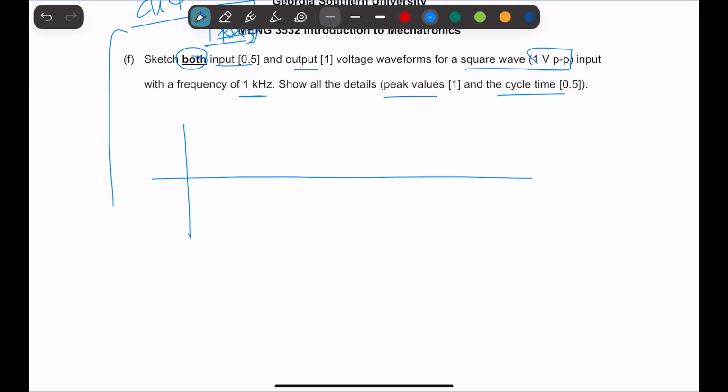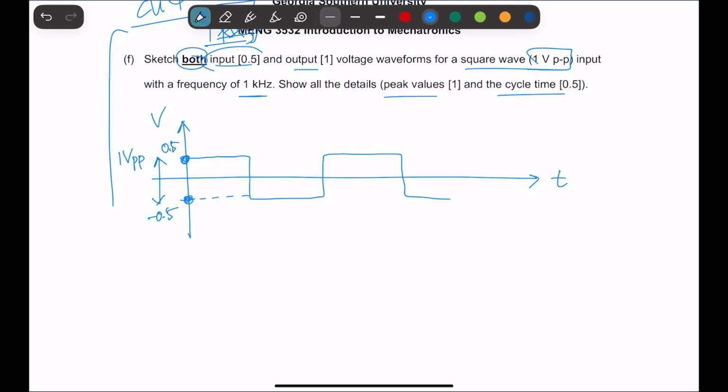Let's say this is T, this is voltage, and we have something like this as a square wave, and peak to peak is 1 volt, right? So this means it's 0.5 here, and then this is minus 0.5. Okay, right? And this is my input.